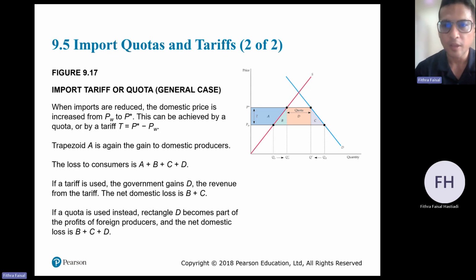The net domestic loss should be B and C, because this part over here should be going to the government, because this extra is the government revenue. So because of the tariff, we have the producer surplus A, an incentive for the producers to produce. The producers are inefficient.